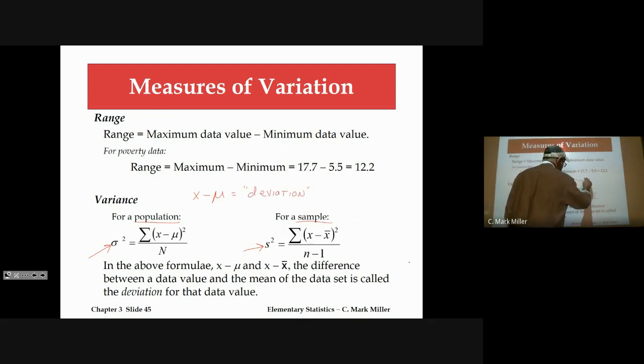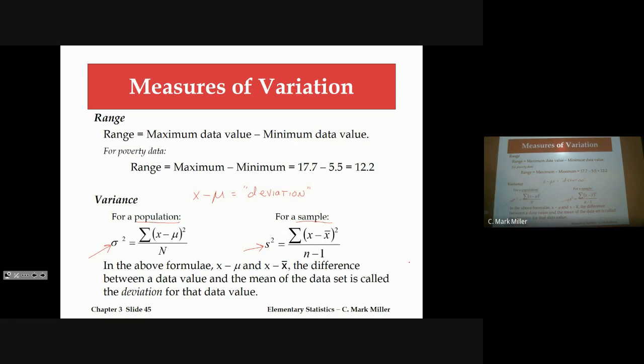right? Now, deviation is just simply a data point's distance from its mean. But this can be plus or minus. Right? Obviously, if it's above or below the mean, that will be positive or negative.